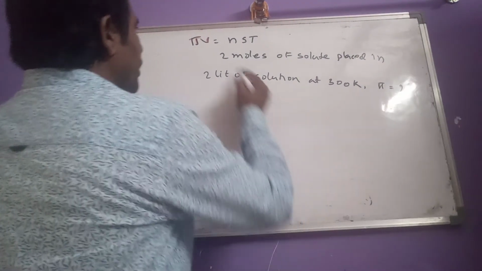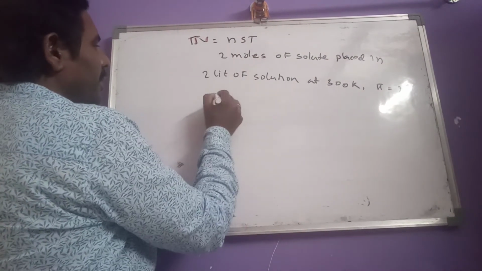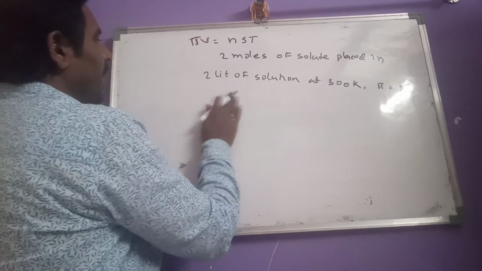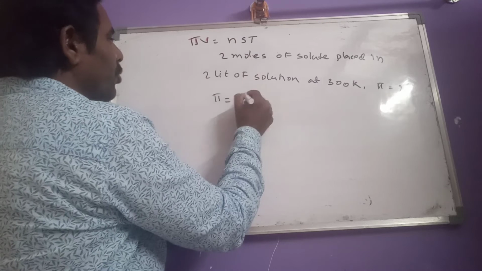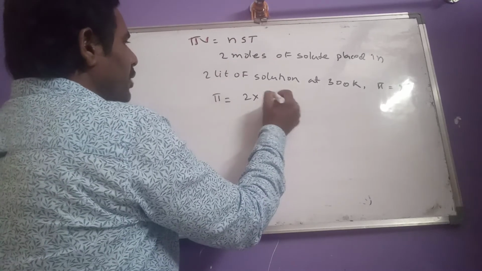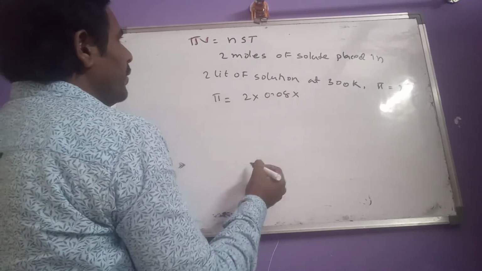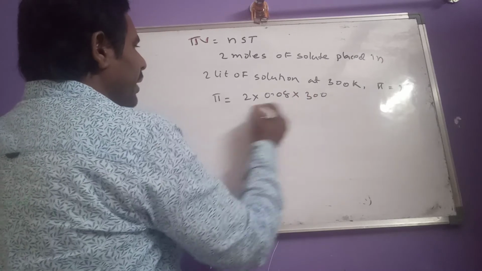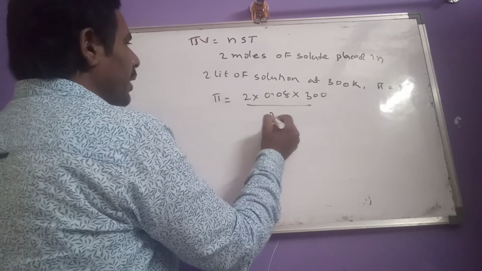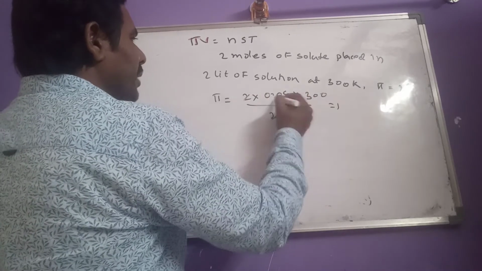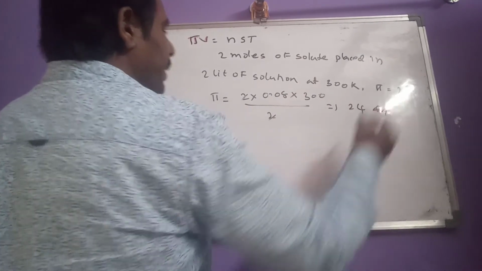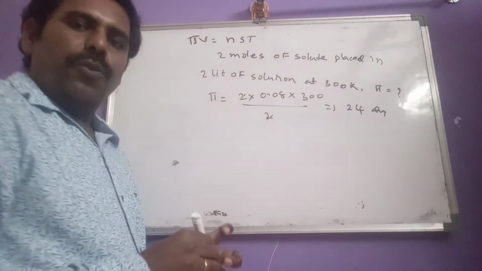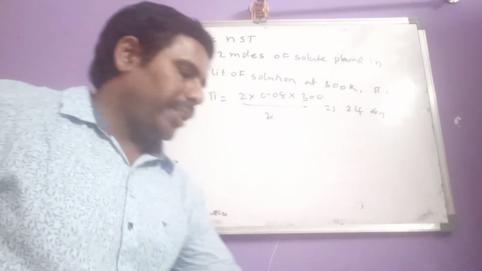So using this formula, pi V equals to nST, pi equals to n means 2 moles, S value 0.08, T value 300, divided by 2 liters. Upon this calculation we get 24 atmosphere. So like that one can measure osmotic pressure.